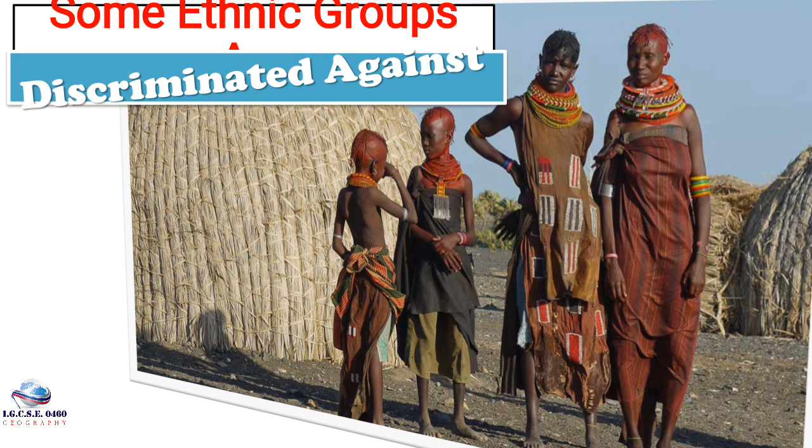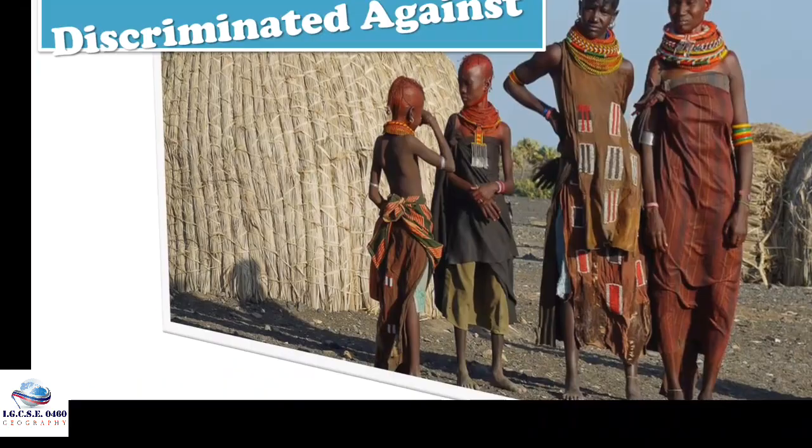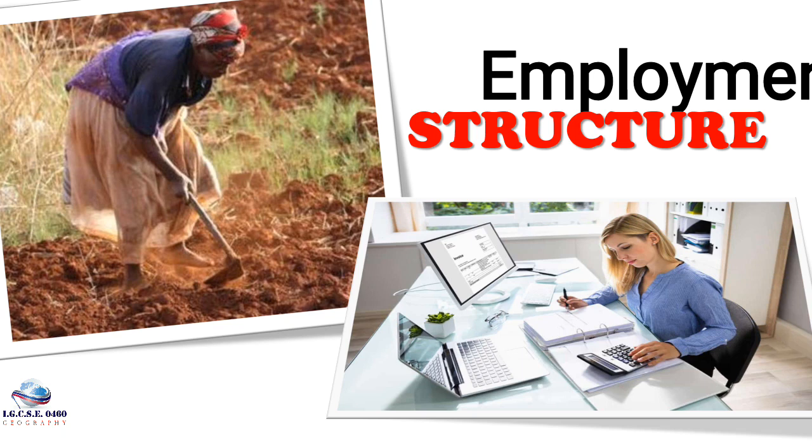In Uganda, for example, the Karamojong people are the least developed, where they have poor education, poor health care, and they have less access to food. So you can see these are the Karamojong people, and in the background you can see the kind of houses they are living in. So they are basically very poor people, and their regions are not well developed.